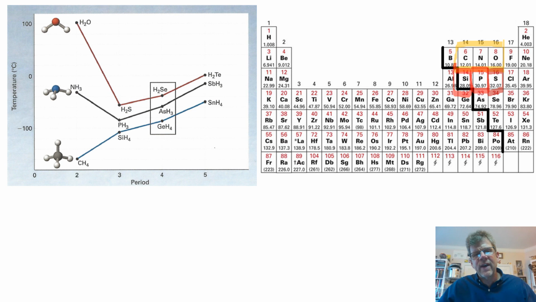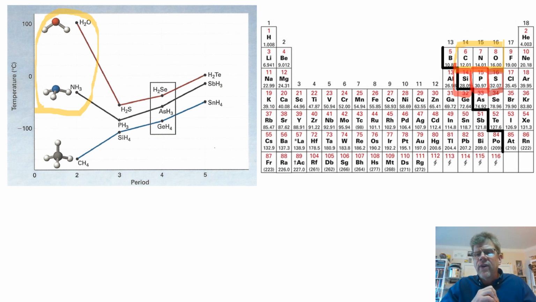But let's get back to that unusual anomaly we saw before. If particles containing NH bonds or OH covalent bonds can hydrogen bond, and these particles over here on the left, H2O and NH3, are about the same molar mass, why is there such a difference in their boiling points if they can both hydrogen bond?